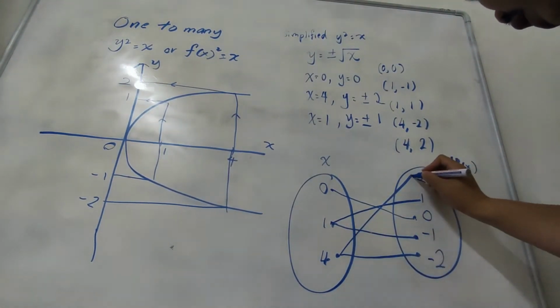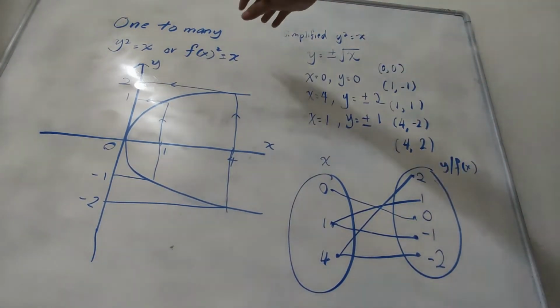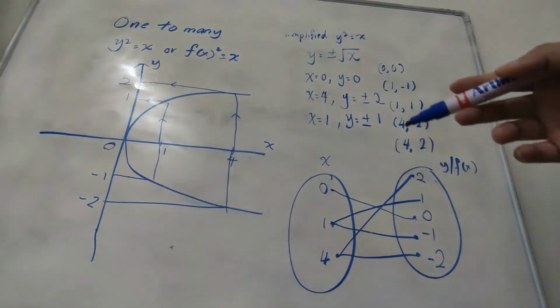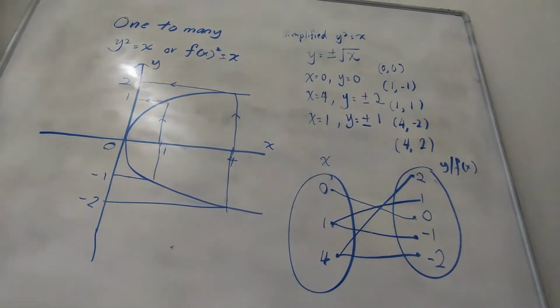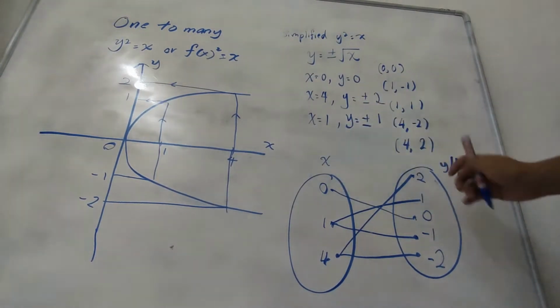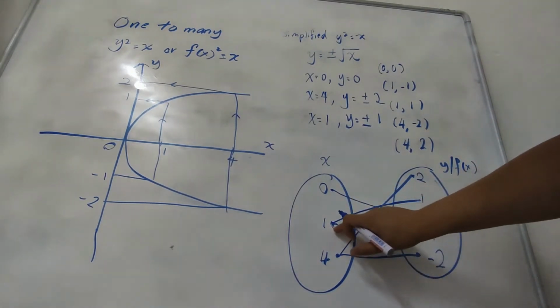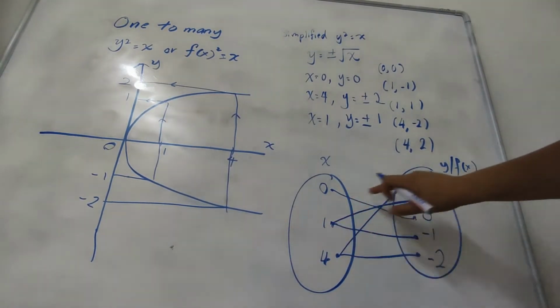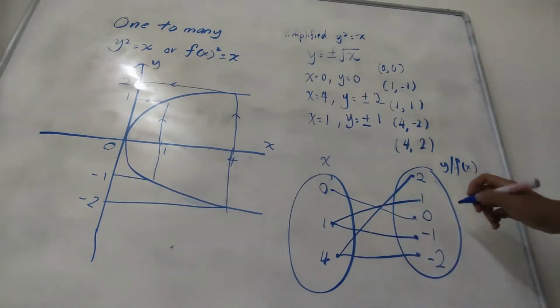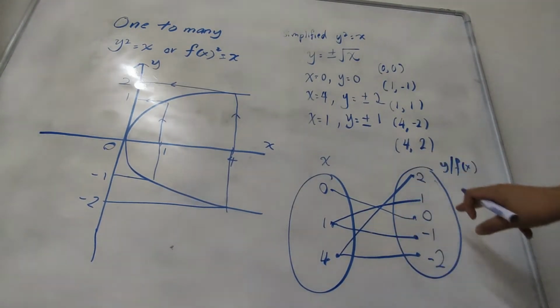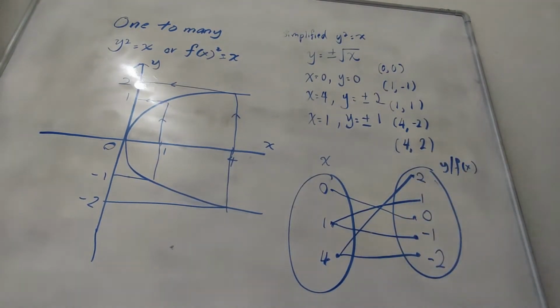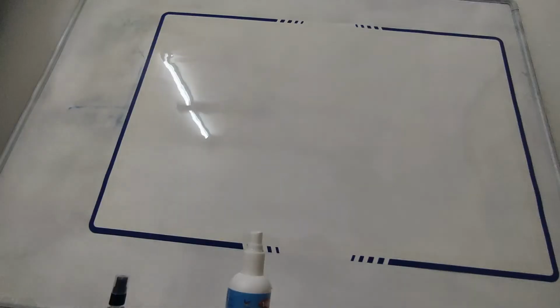So this is the mapping diagram for one example of one-to-many relations inside the functions. So when you're talking about 1, you see 1 connection, then also 1 connection connects to 2. 2 numbers, 1 to many. So this is the end of describing what one of the one-to-many functions looks like.